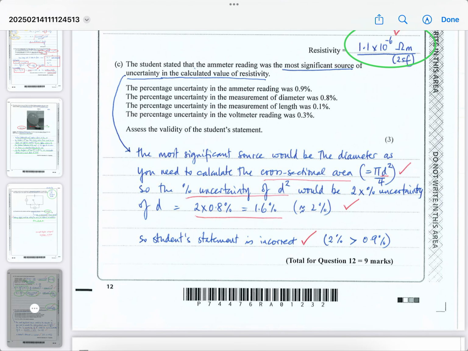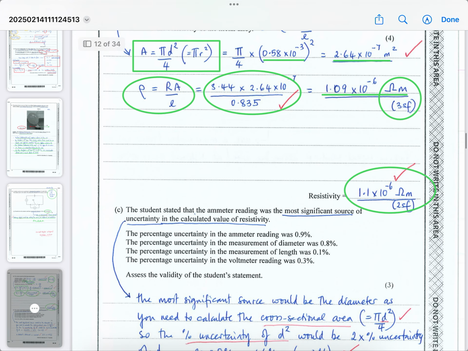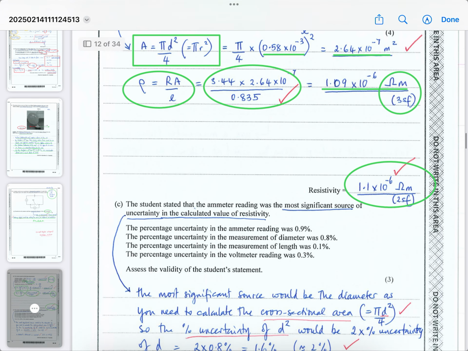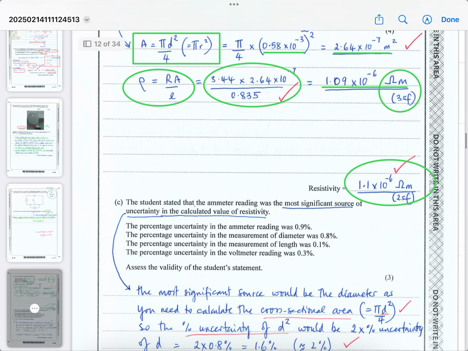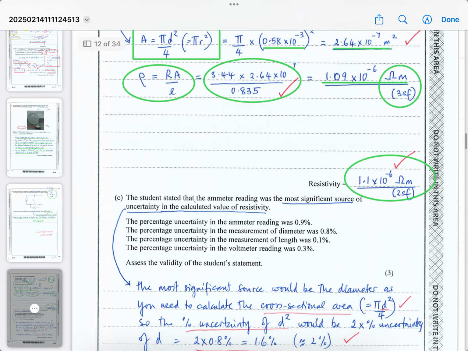The student stated that the ammeter reading was the most significant source of uncertainty in the calculated value of resistivity. But if we go back to the question above, resistivity has R, A, and L in it. So the uncertainty for resistivity comes from the uncertainty of the resistance, the uncertainty of the area, and the uncertainty of the length.